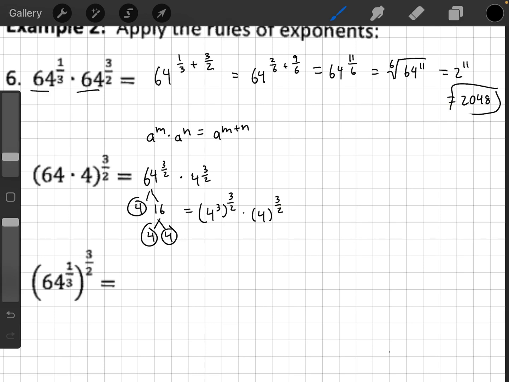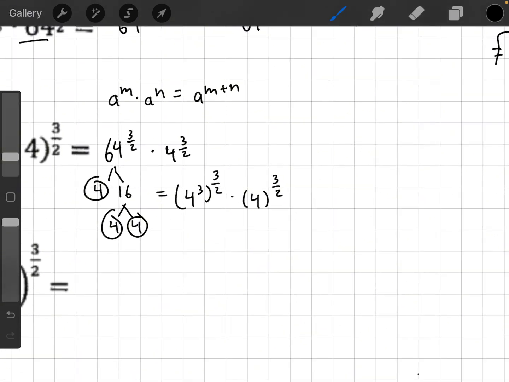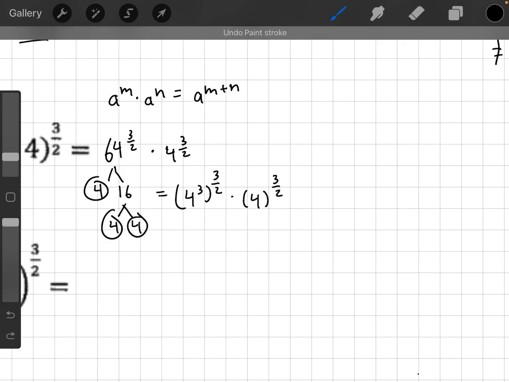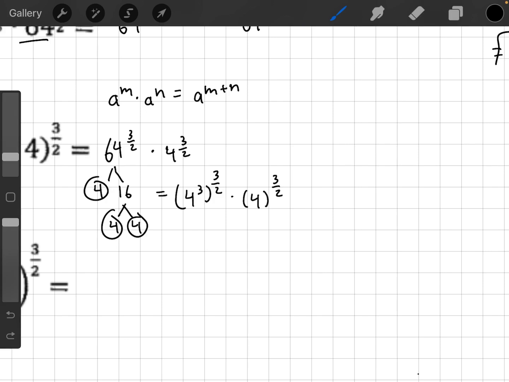That way we can add together the exponents. But first, let's multiply these two exponents together to get it simplified.